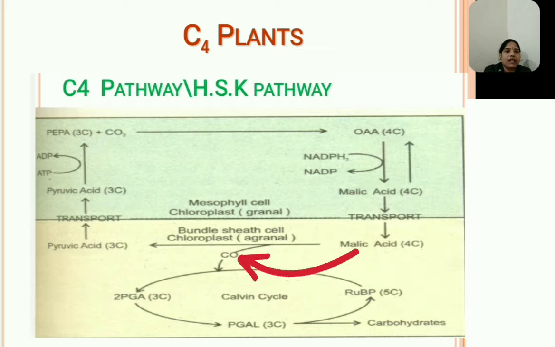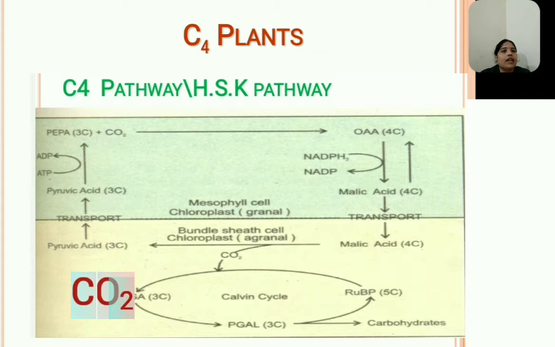So here malic acid, 4 carbon, is converted into pyruvic acid, 3 carbon, with release of carbon dioxide in the cytoplasm. Thus, the concentration of carbon dioxide increases in the bundle sheath cell.